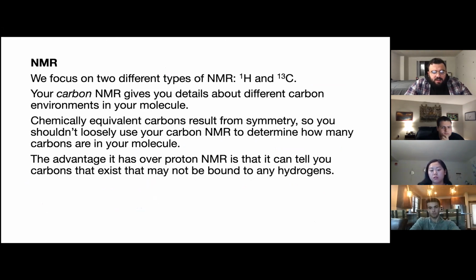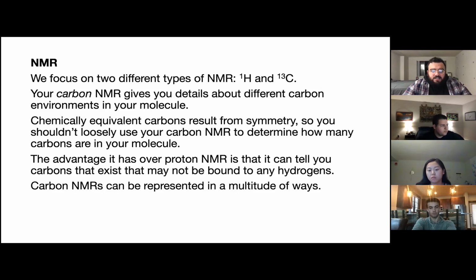The advantage that it has over proton NMR is that it can tell us about carbons that do not contain protons on them, which makes it really useful for finding things like carbonyls and other things like that. Okay.